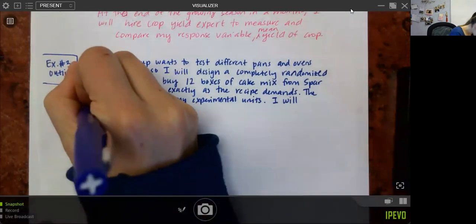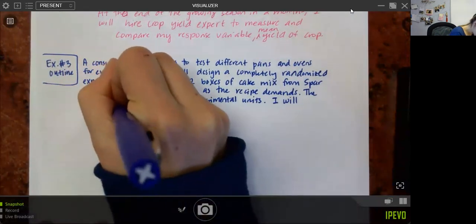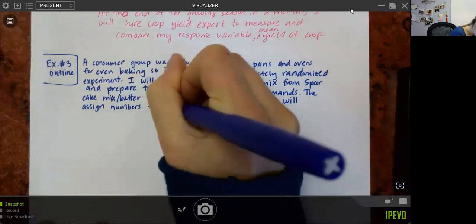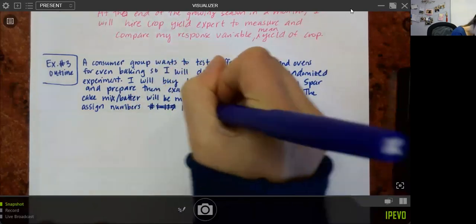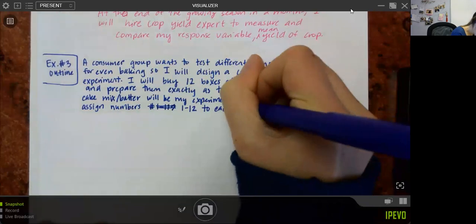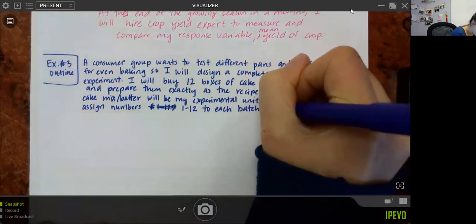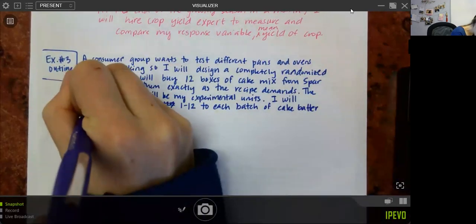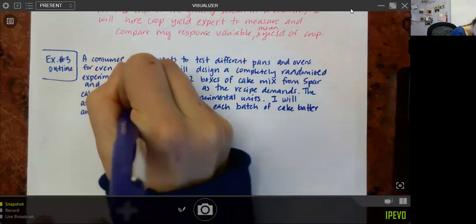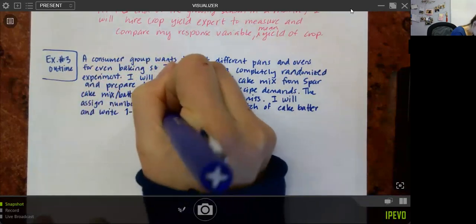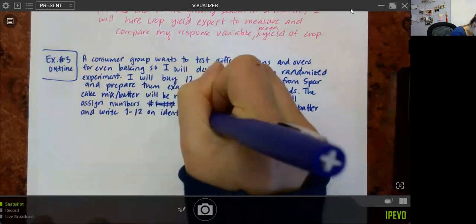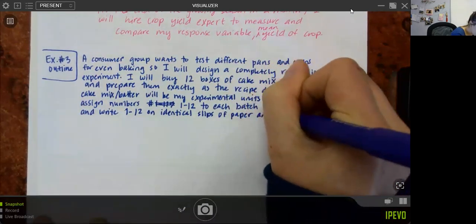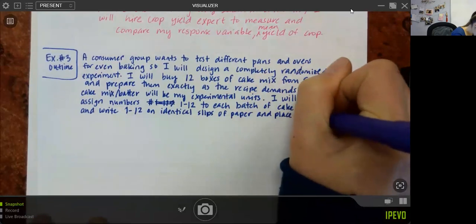I will assign numbers 1 through 12 to each batch of cake batter, and write 1 through 12 on identical slips of paper and place them into my magic hat.